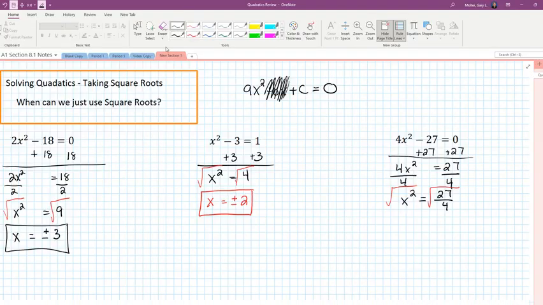Because while I can take the square root of 27 fourths, it's not going to come out to be a perfect whole number or integer. But that doesn't mean we can't do it. So I get x equals positive or negative the square root of 27 fourths. Now, at some level, we could count this as correct. But it is very, very barely correct because we did not simplify this at all.